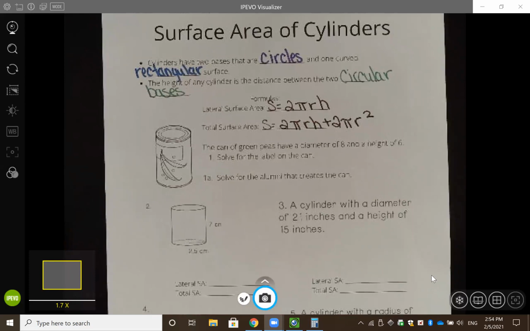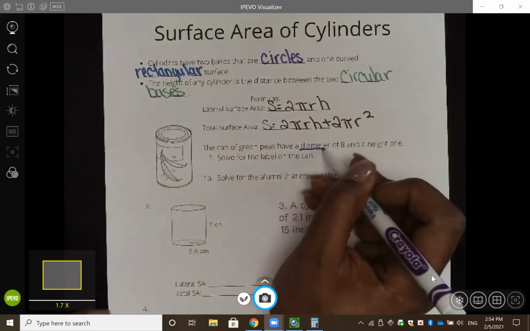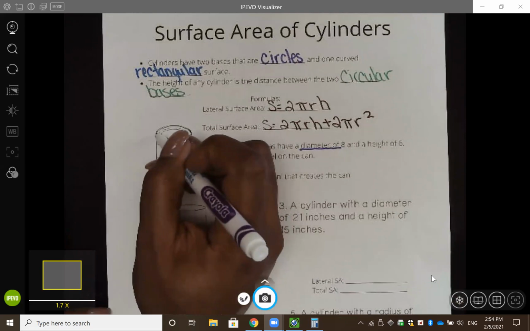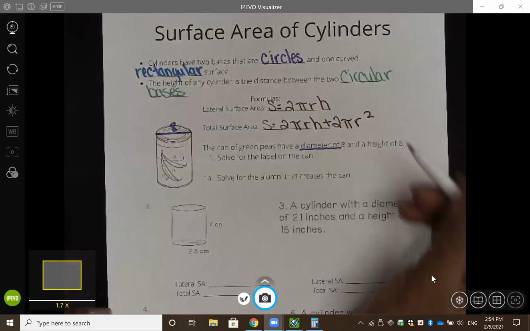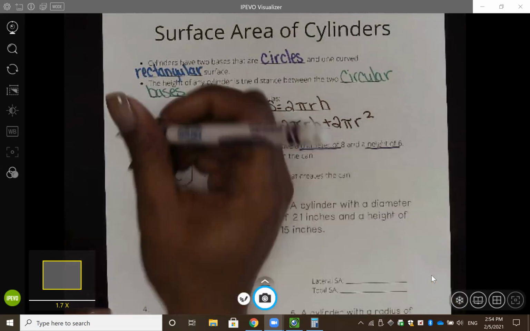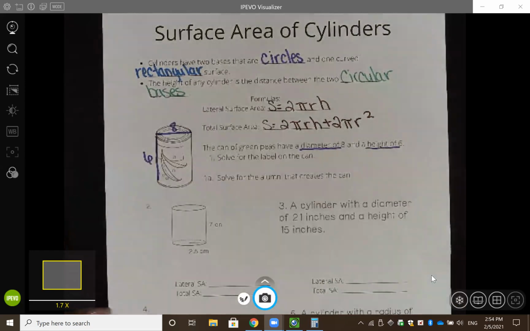So let's go ahead and start solving. This question says that a can of green peas has a diameter of 8. Remember, diameter is from one end to the other end, and that is 8, and a height of 6. So from one circle to the other circle is 6.